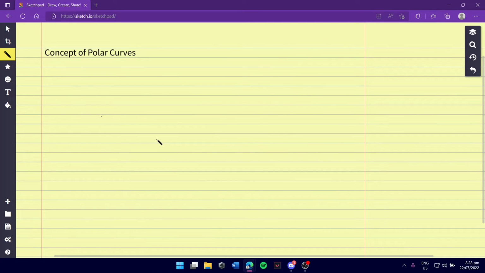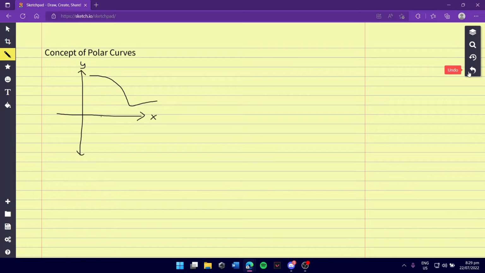So now we have here your concept of polar curves. So I'm going to plot here your x-axis and then your y-axis. So let's say we have here your polar curve like that.